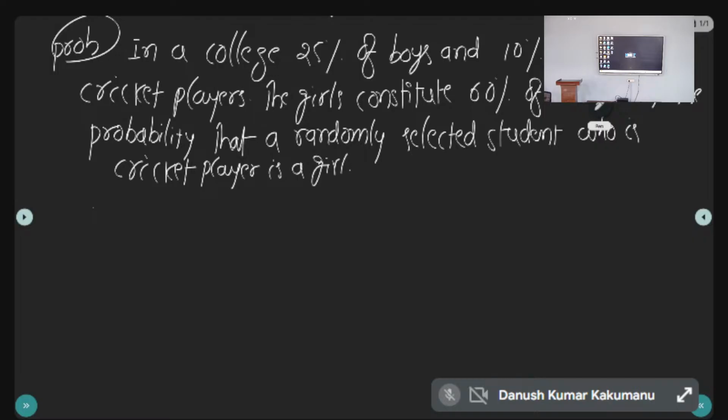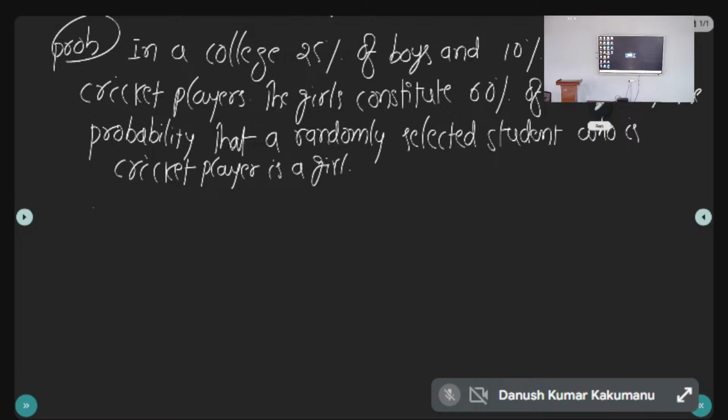Means they are cricket players, not just playing cricket. They are professionally cricket players. Now see, read that sentence carefully. The 25% is not the boys' number. The 25% is cricket playing boys.